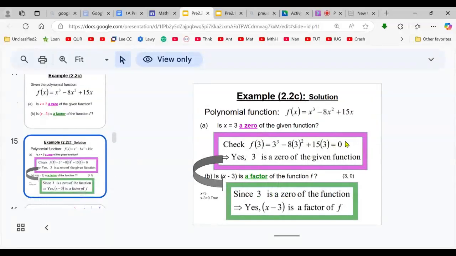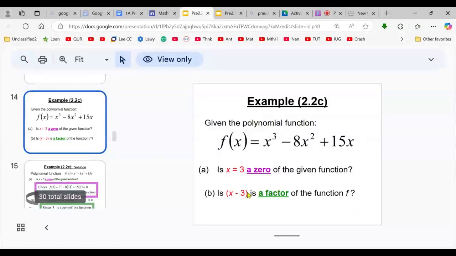If x equals 3 gives 0, then 3 is a zero of the given function. It means the point (3, 0). So 3 is a zero of the given function.